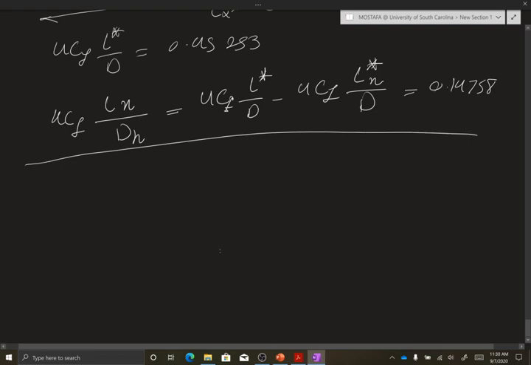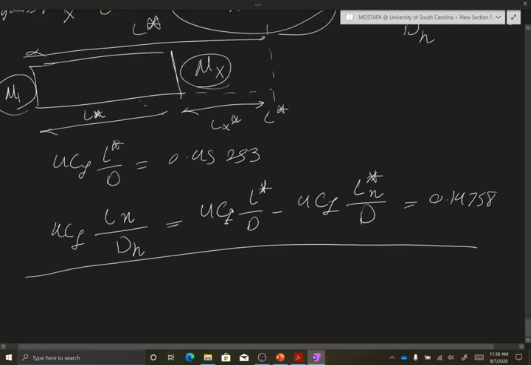So this will give you the ratio for this part. This is not a star, this is an X.